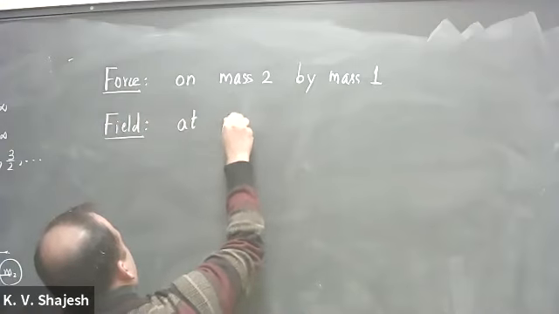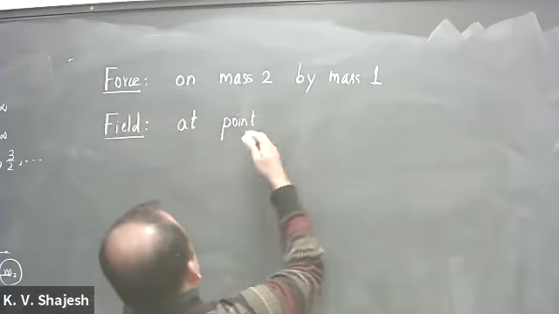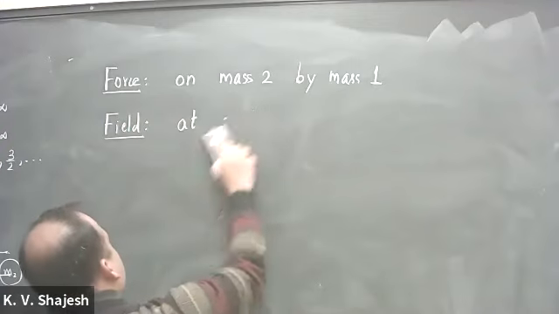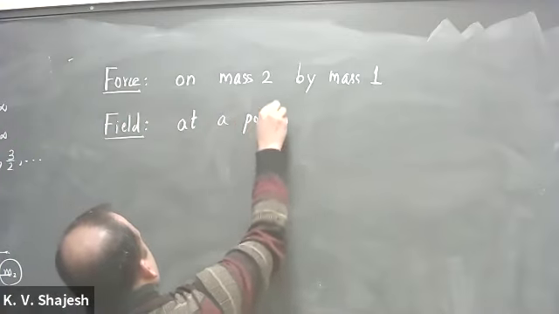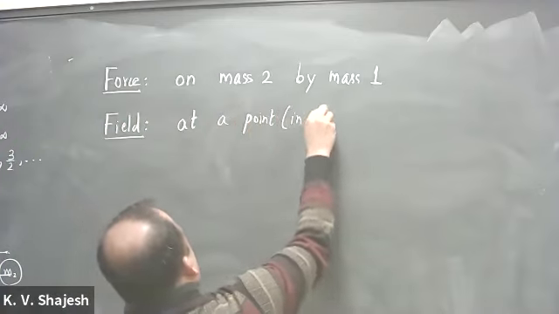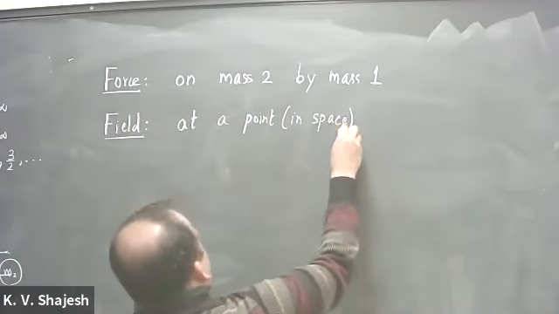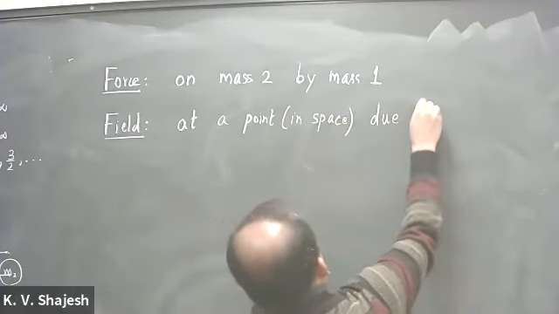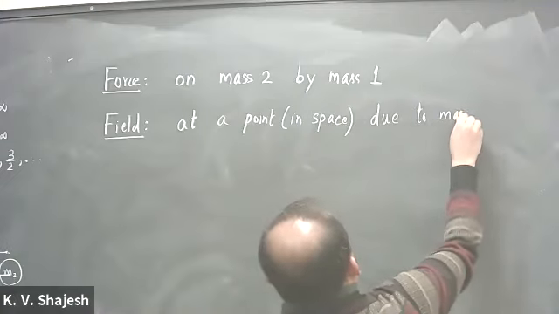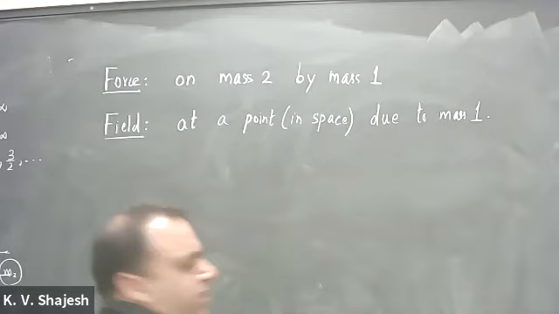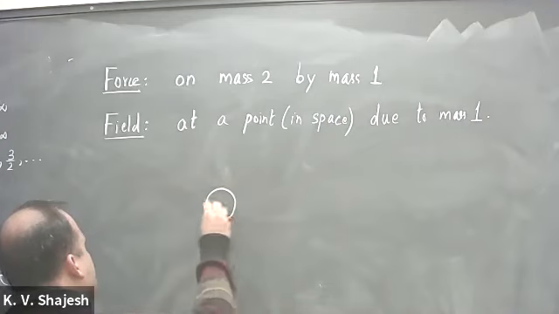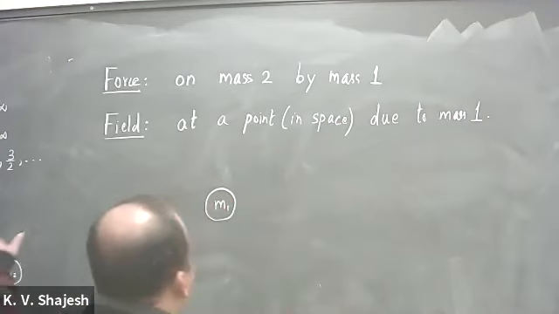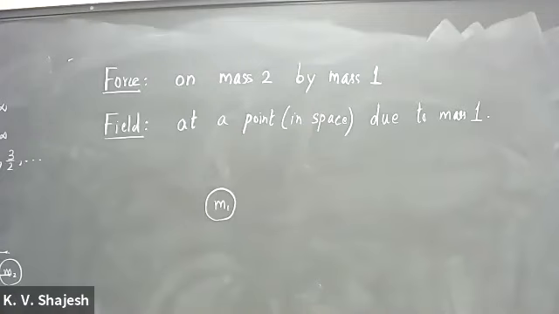At a point in space due to mass 1. That means to say that the moment I have m1, independent of where m2 is, imagine a space or universe where there is only m1 sitting there.